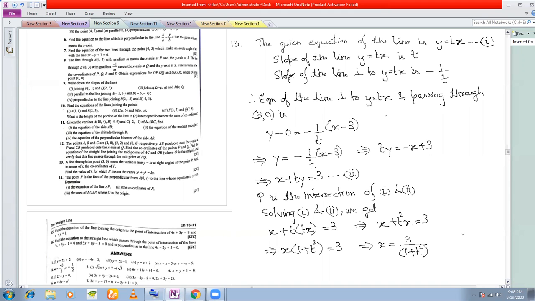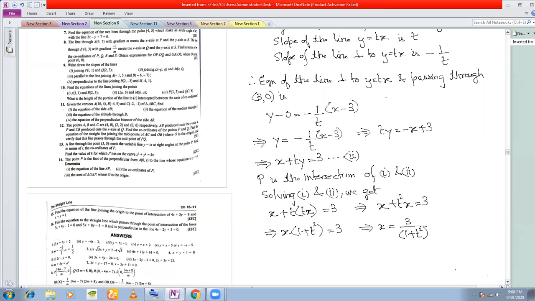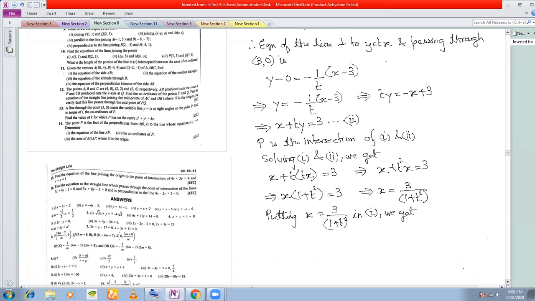And what should be the y coordinate of P? If you put the value of x in 1, you'll get the y coordinate. So putting x is equal to 3 by 1 plus t square in 1, we get y equal to t into x, which gives 3t by 1 plus t square.